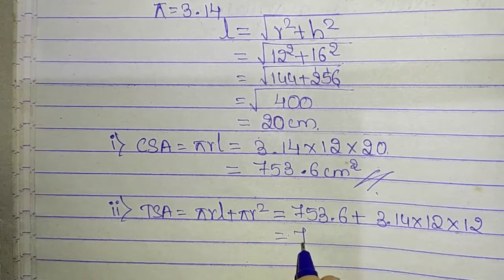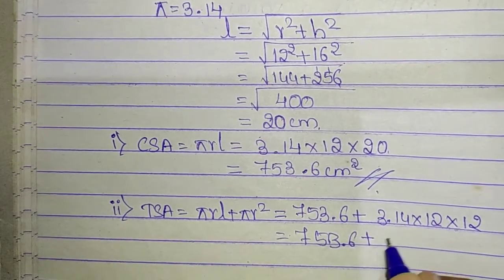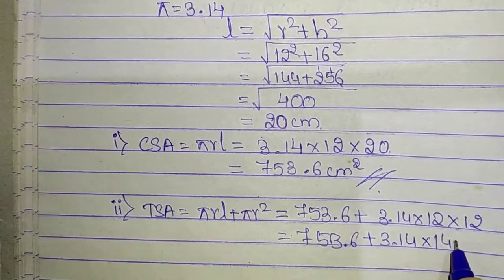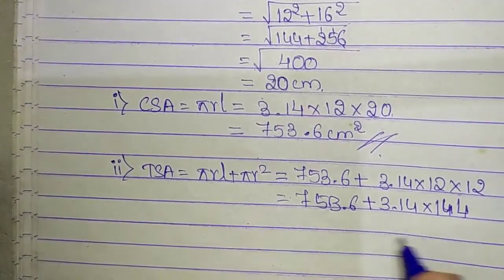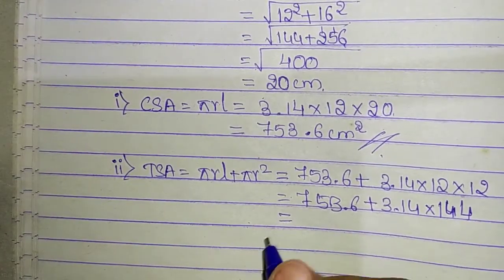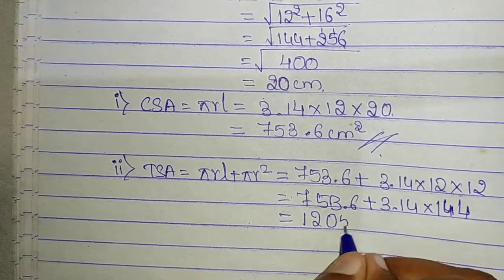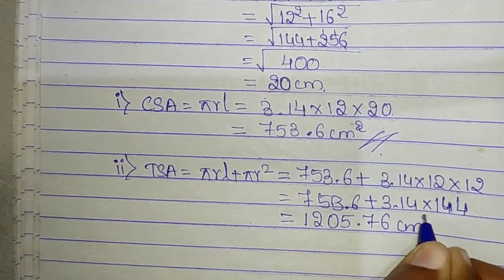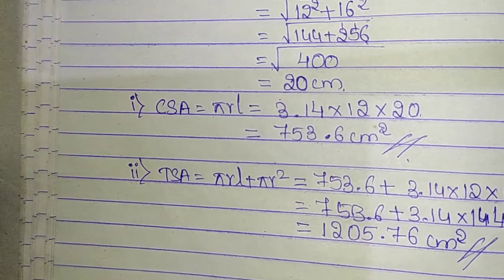So this is equal to 753.6 plus 3.14 into 12 into 12, which is 144. So we get our total surface area to be equal to 1205.76 centimeter square. This is the required solution.